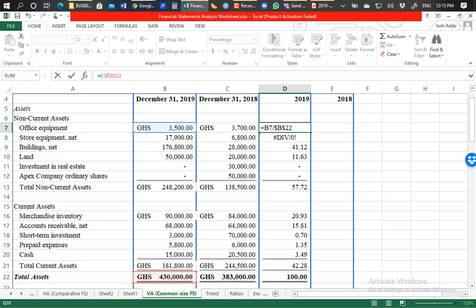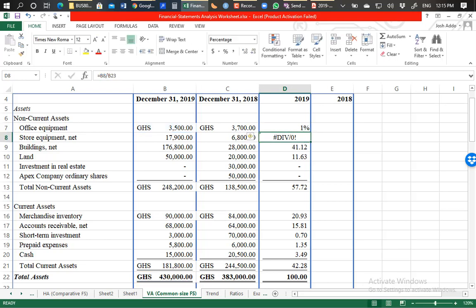And the quick way to do that, if you are using a standard English keyboard, is to click inside here, or immediately you click on that cell, press the F4 key. Pressing the F4 key will automatically convert that cell reference from relative to absolute. Are you okay with that?